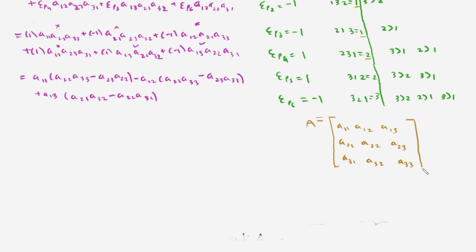This is the double suffix notated matrix. So now this A11 is this A11 and A22, A33, A23, A32.